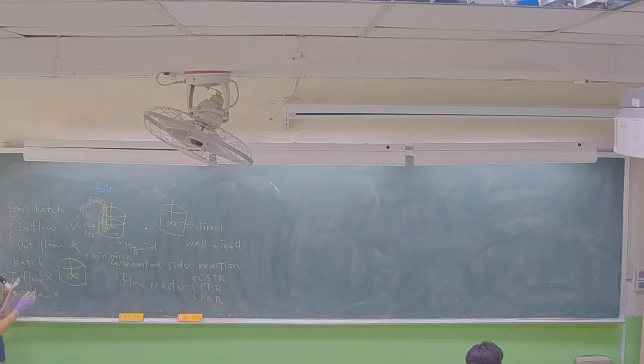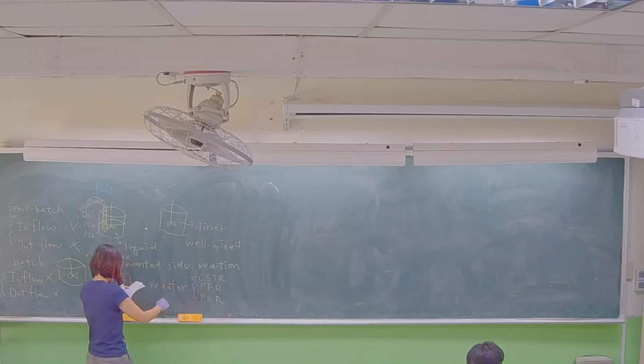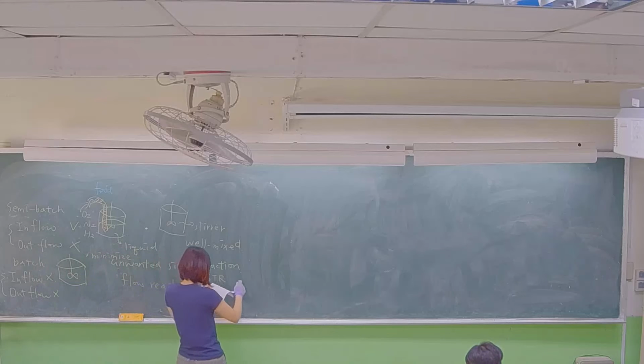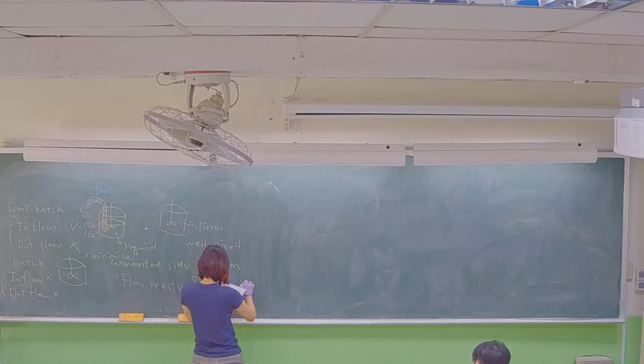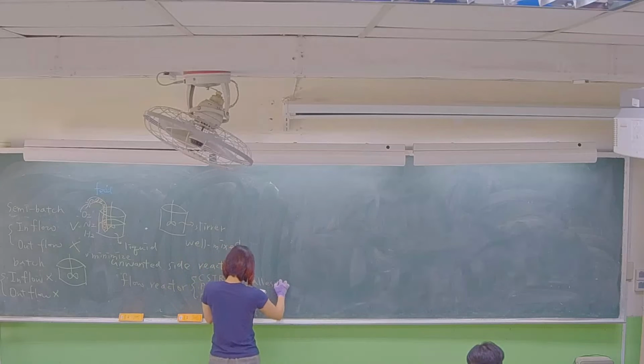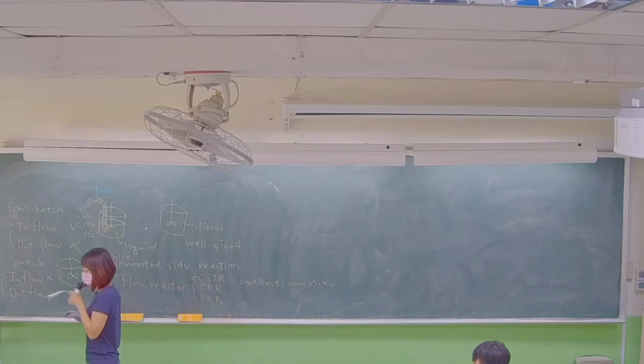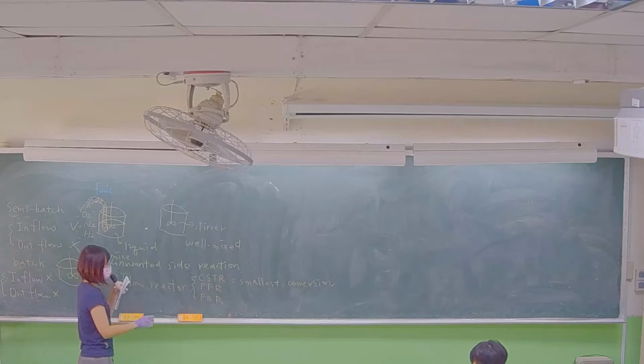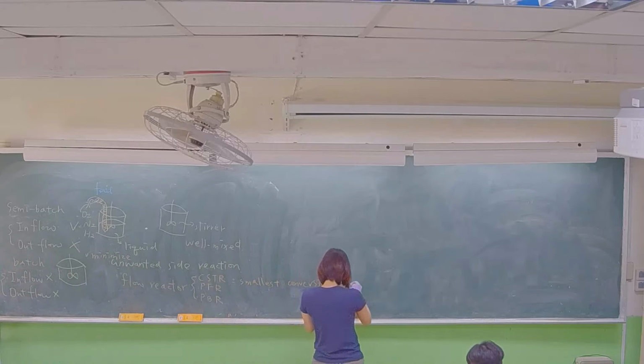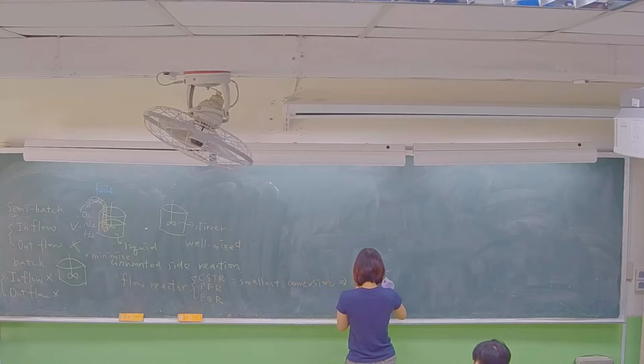So among these three, CSTR has the smallest conversion. We will verify this in chapter 2, okay? Because CSTR has the smallest conversion, that means the size is the largest.